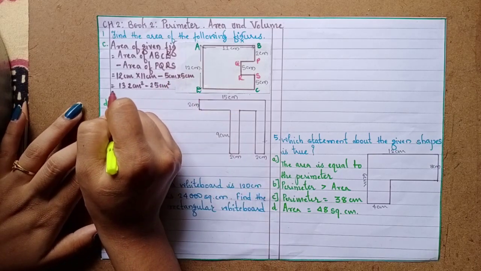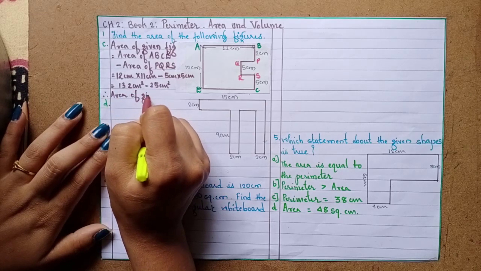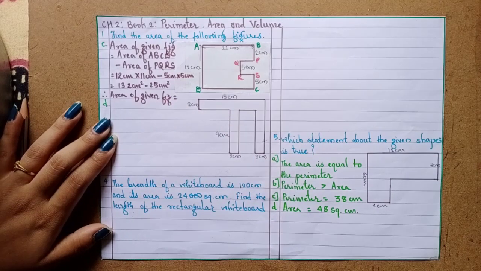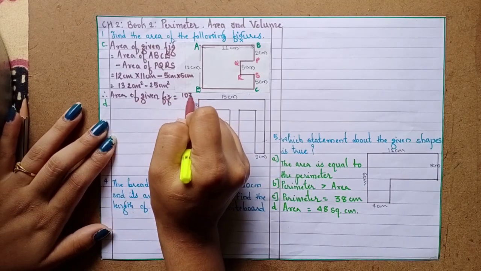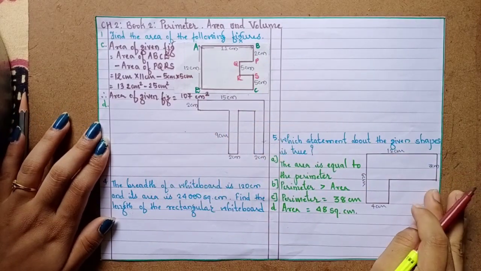Therefore area of given figure equals 107 centimeter square. Okay, so this is how we have solved the example.